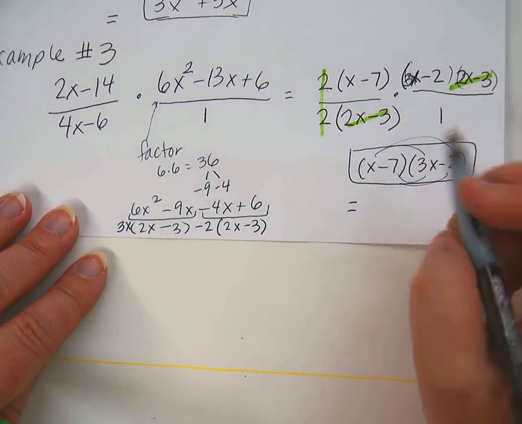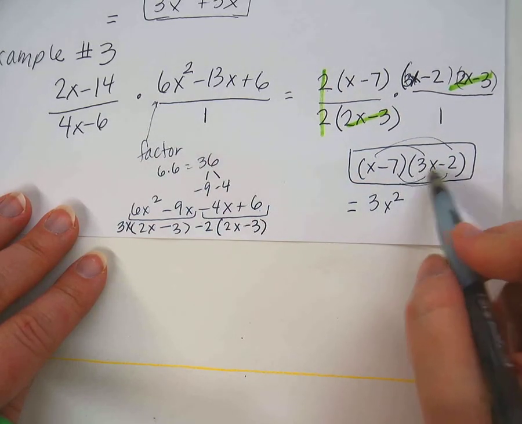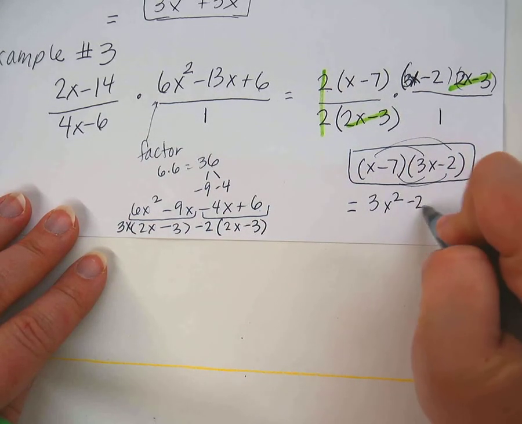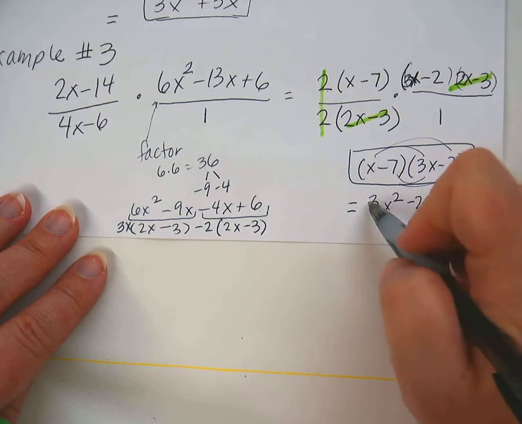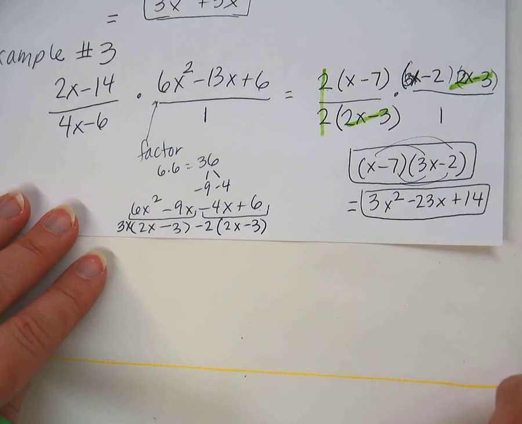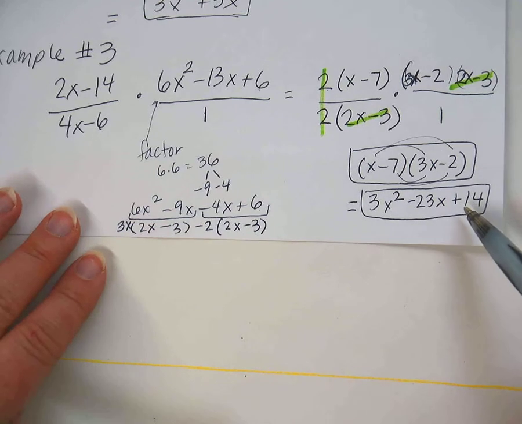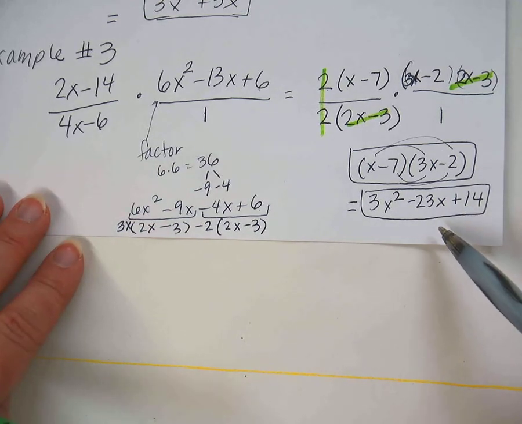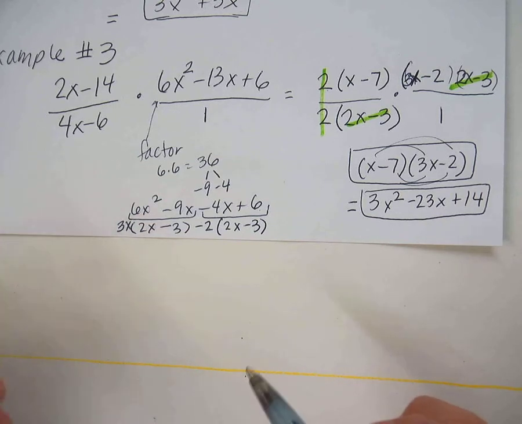Okay, so that would be 3x squared, and there's a negative 21 and a negative 2, so negative 23x, and then negative 7 and negative 2 is 14. Do I care which way you leave your answer? I don't care, because I want you to make sure you're understanding what we're doing in this section, and I don't want you to get stuck just because you have to multiply it in the last step, okay? So either one of these answers is perfectly fine.